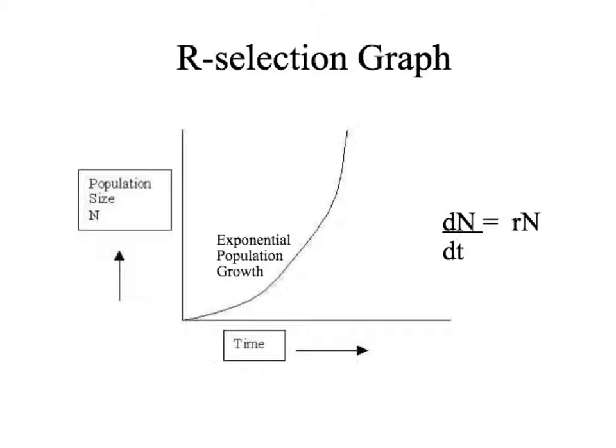We see the exponential population growth of r-selected species. So dN represents the change in population size over dt, which is the time increment. r represents the intrinsic rate of increase.